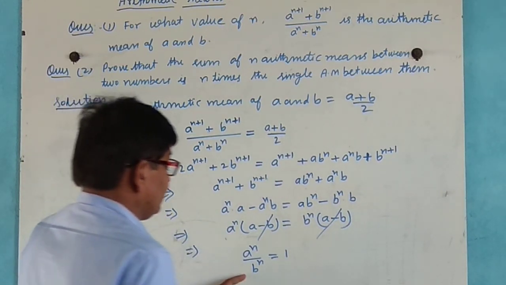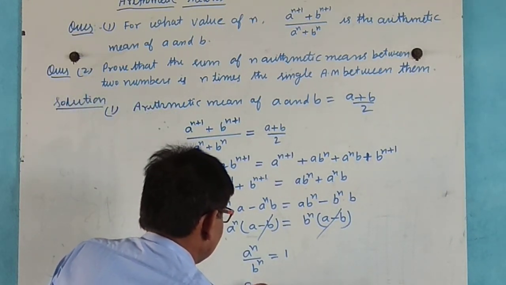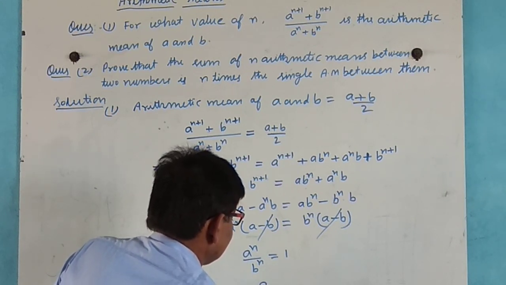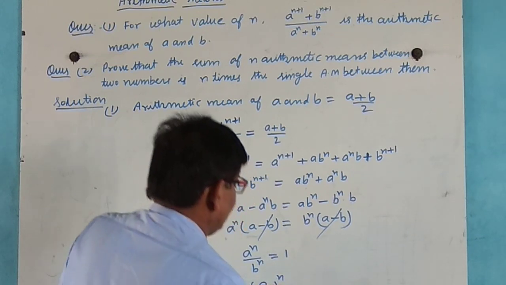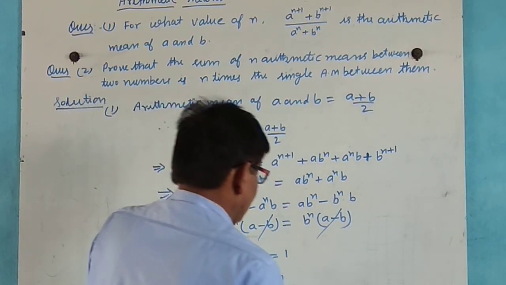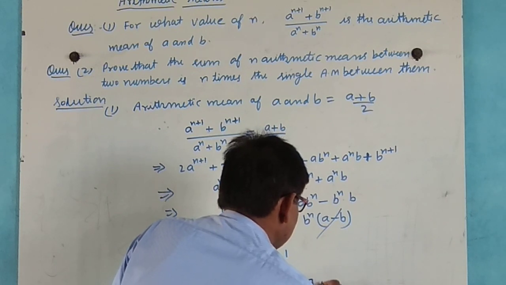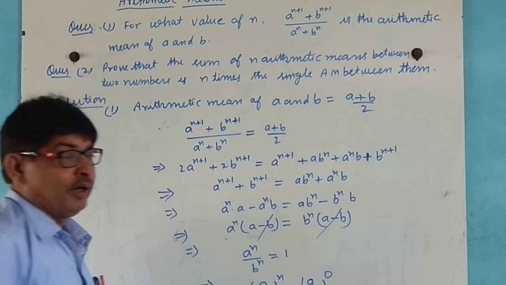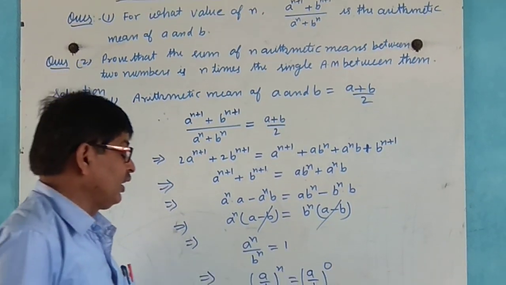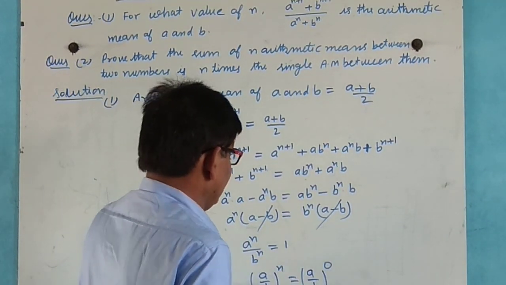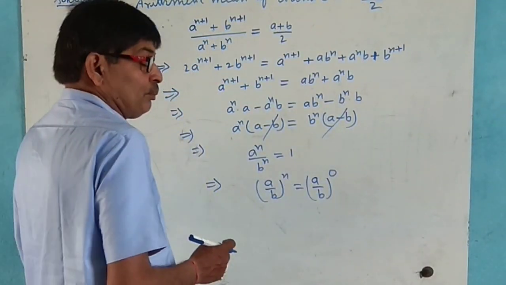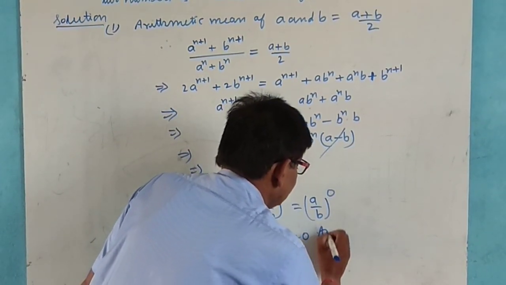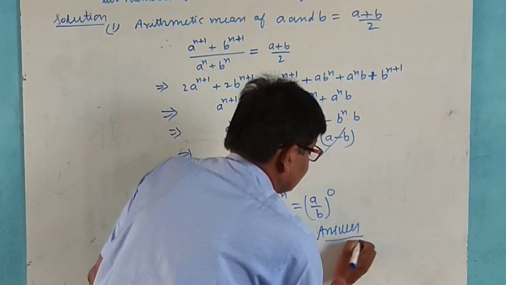It means that a by b to the power n equal to 1, so we can write it as a by b to the power 0. If any number has power 0, its value is 1. So by law of indices n equal to 0, this is our answer.